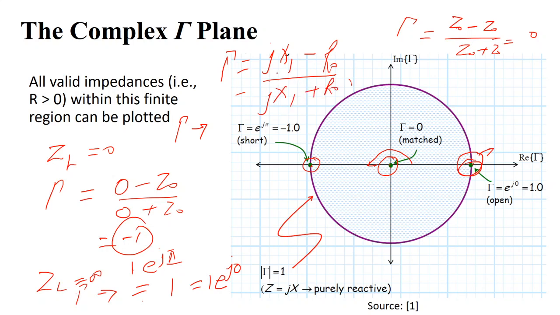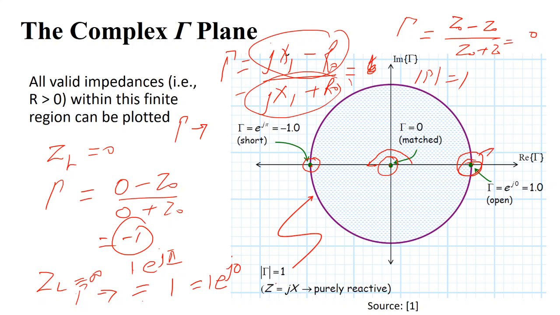When you take the magnitude, it is the magnitude of the numerator divided by the magnitude of the denominator. In this case, the magnitudes of these two are equal, both being the square root of X1 squared plus R naught squared. So this implies that the magnitude will be 1. So if the reflection coefficient magnitude is 1, it means this Z is purely reactive.